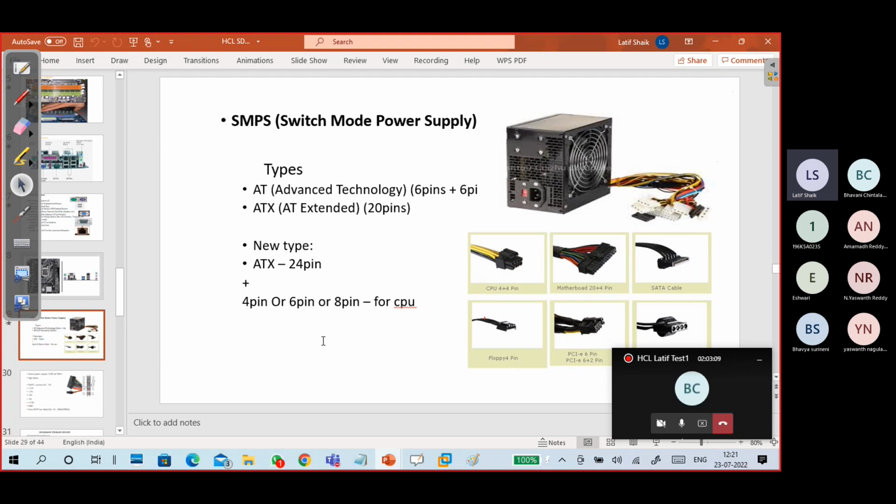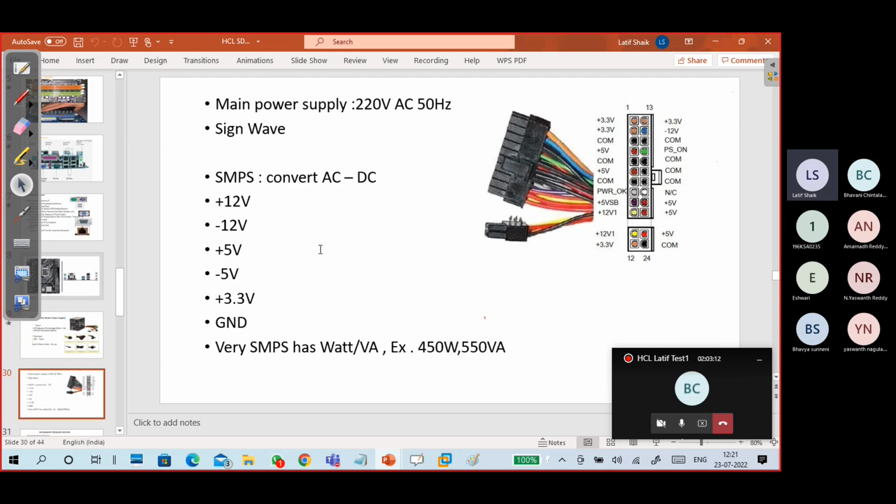depending upon the model. So what is this SMPS, switch mode power supply? It converts AC supply to DC supply. It is a sine wave to straight line. And what are the DC voltages we are getting? So plus 12 volts, minus 12 volts, plus 5 volts, minus 5 volts, plus 3.3 volts we are getting from the SMPS.